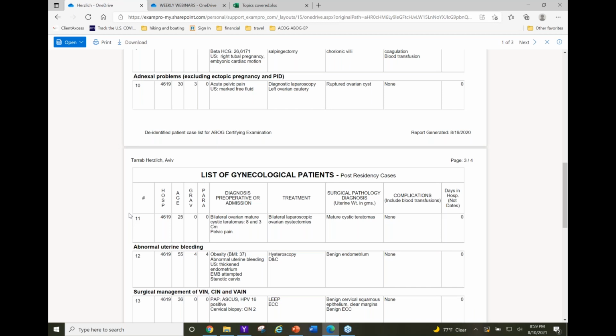Why do you think the radiologist called it a teratoma? What would be some of the ultrasound findings that might suggest that? So a few of the characteristics will be cysts that are not simple in nature.